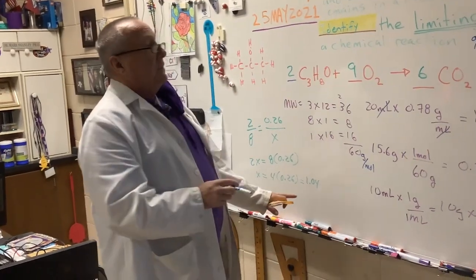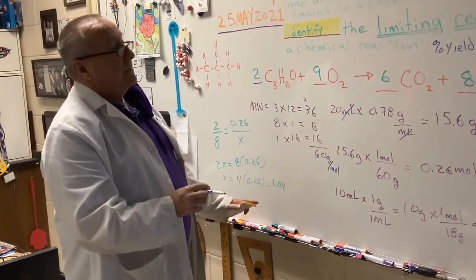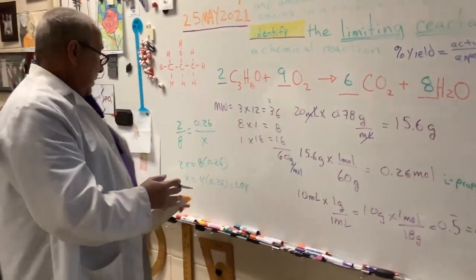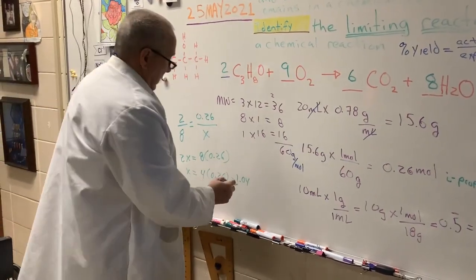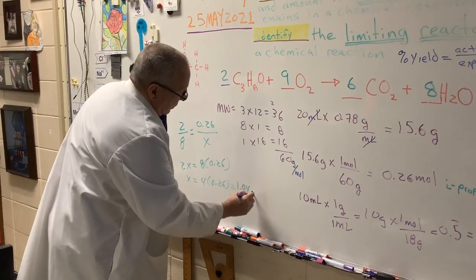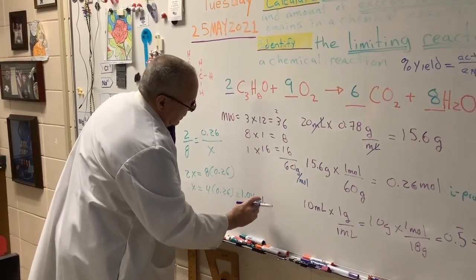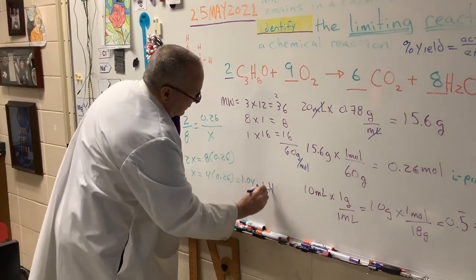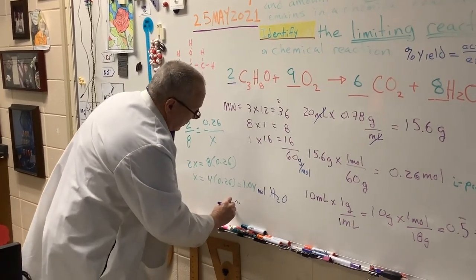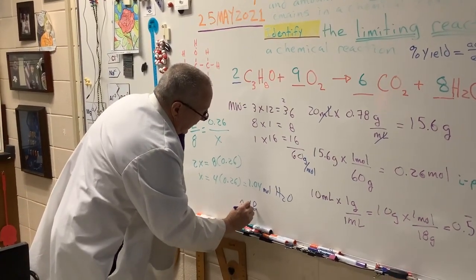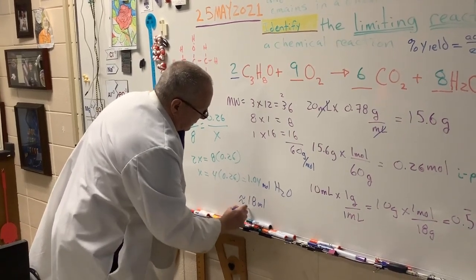We expected 1.04 moles of water, and at 18 grams per mole, that would equal approximately 18 milliliters.